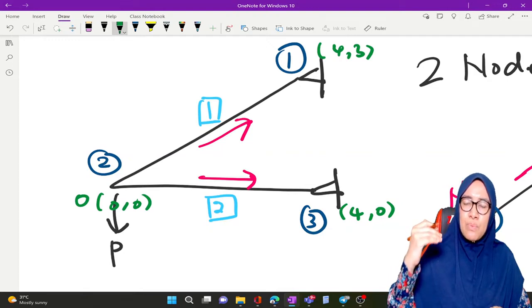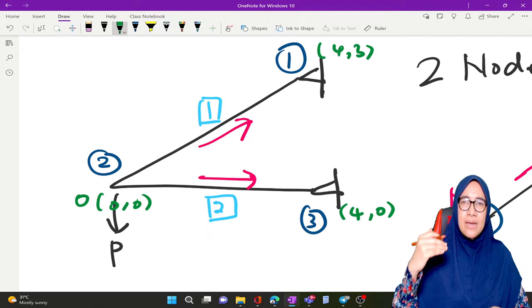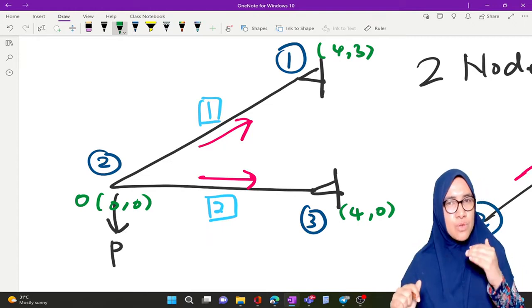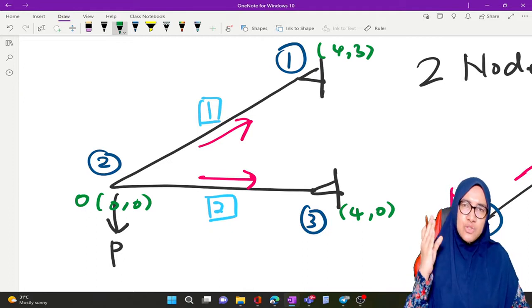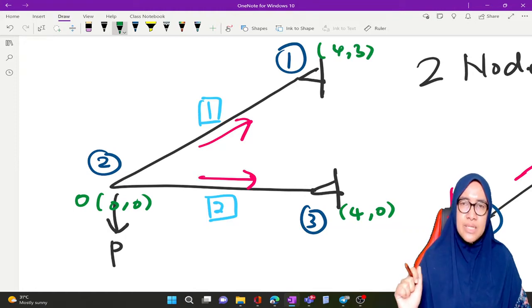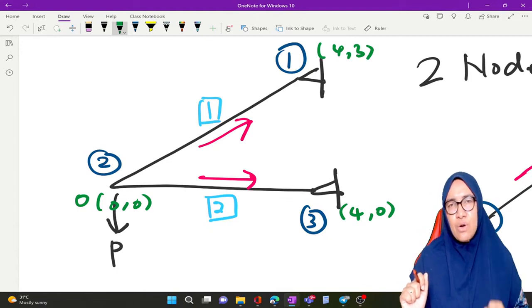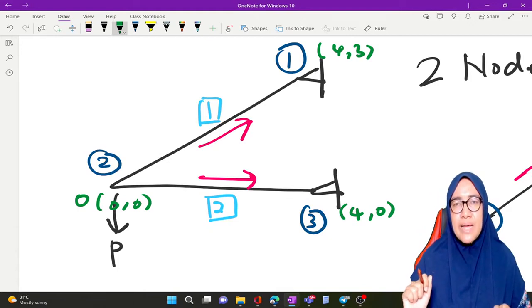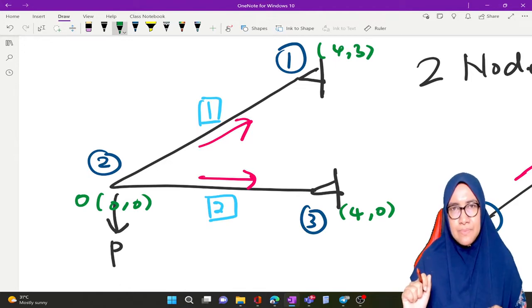So when 1 is 0, 0, I will have negative coordinates for 2 and 3. And if I choose 3 as origin, I will have node number 2 with a negative coordinate. So that is why I choose 2 as origin.